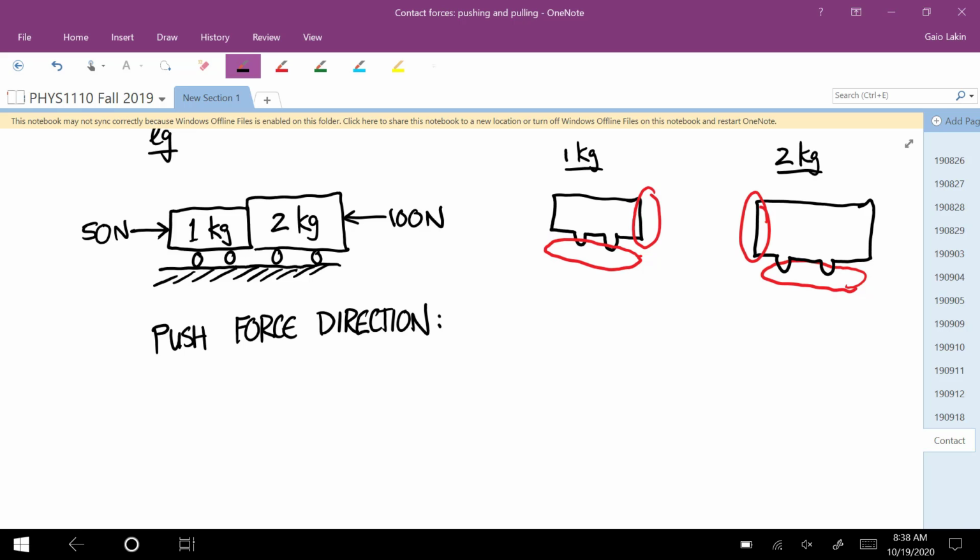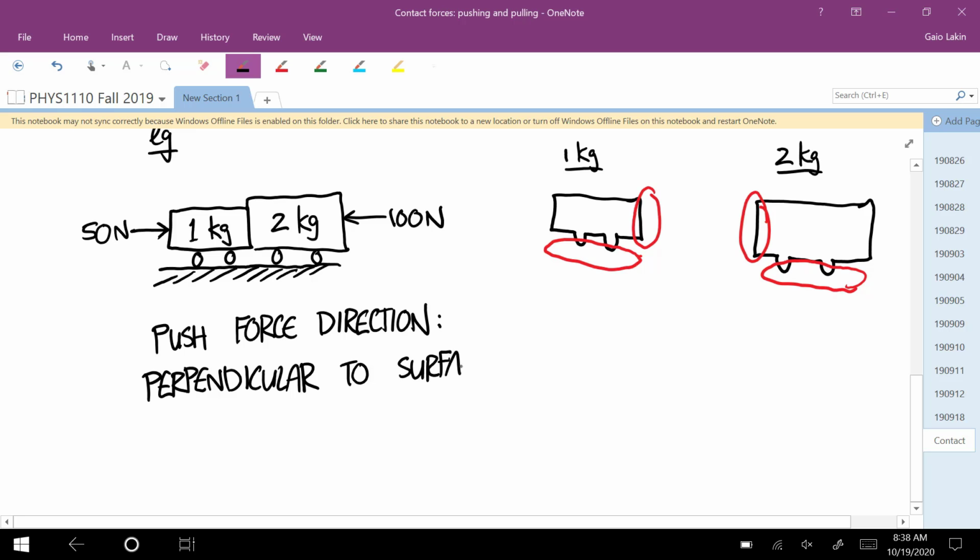So the push force direction is perpendicular to the surface of contact and toward the chosen object.